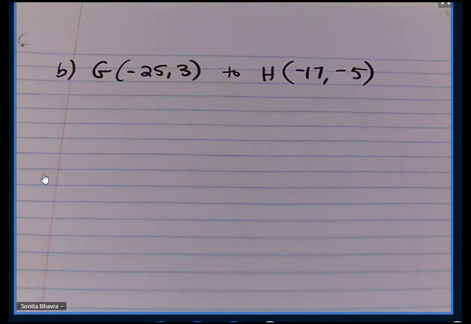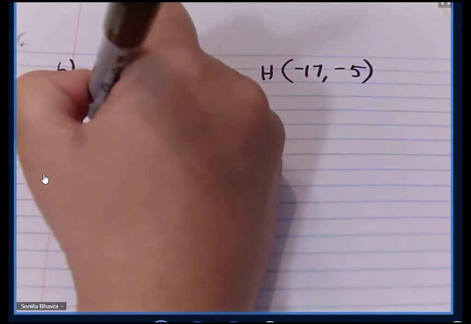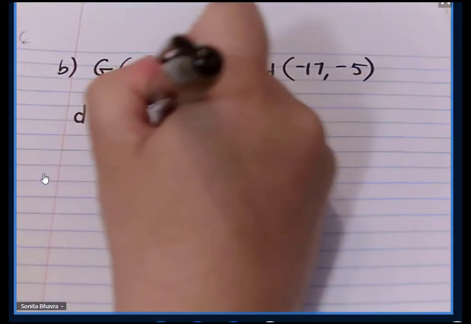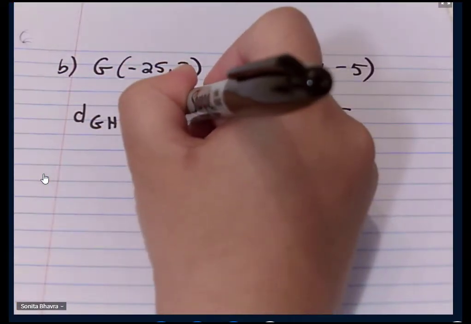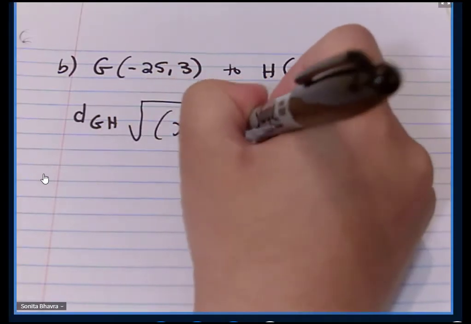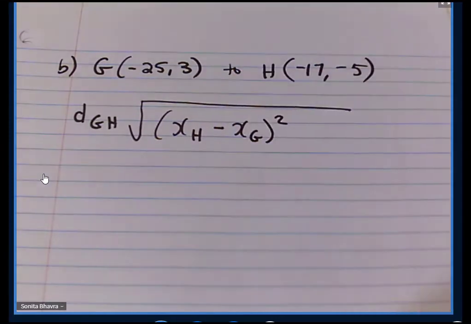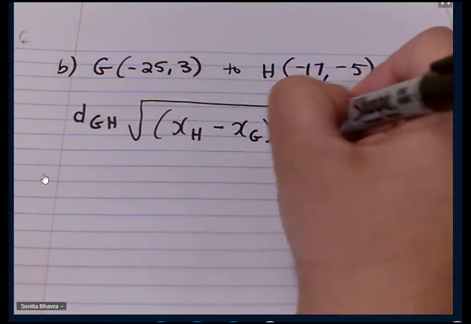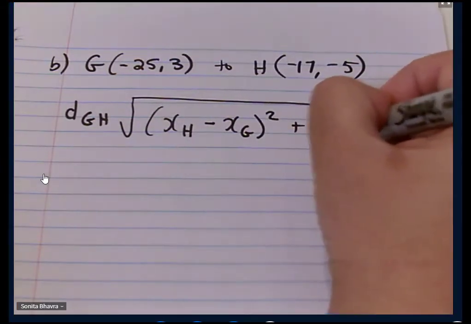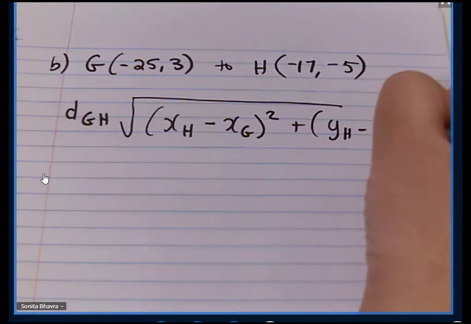All right, so let's find the distance GH. I'm going to use x of H minus x of G, that is squared, plus y of H minus y of G squared.